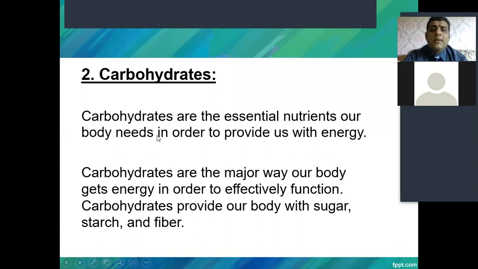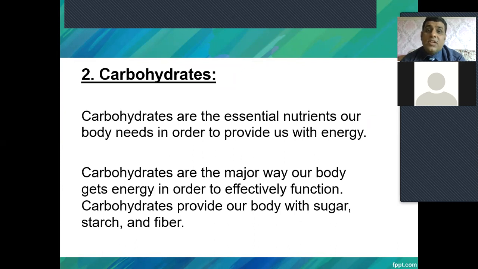Then carbohydrates are essential nutrients our body needs in order to provide us with energy. So carbohydrates are needed. They are an essential component to give to the patient. Maybe you have gone through the carbohydrate cycle in your biochemistry.